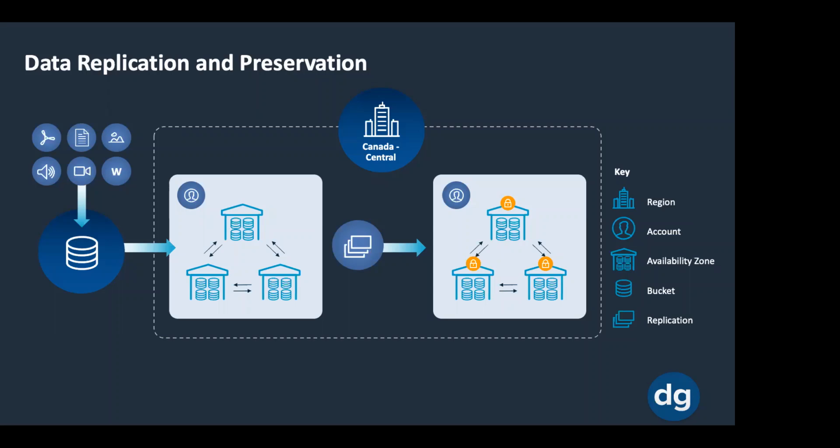WORM stands for write once, read many. This protection ensures that your data cannot be deleted, even by your root account. So with this enabled, I myself couldn't even delete your data for the defined period of time for the contract.